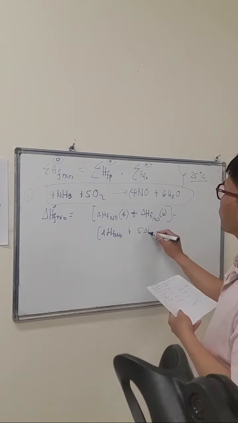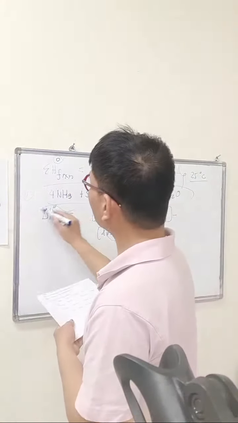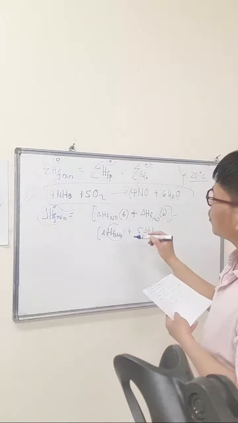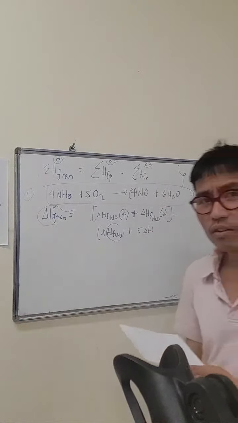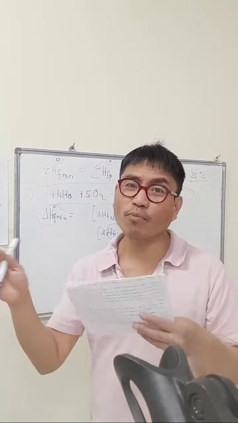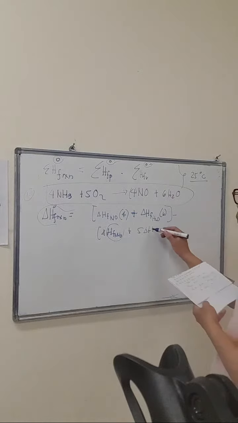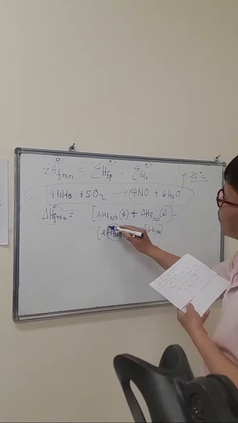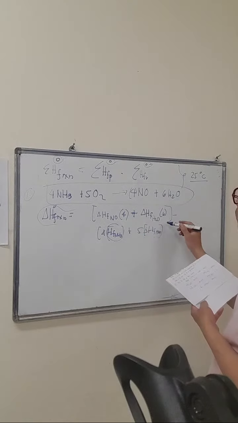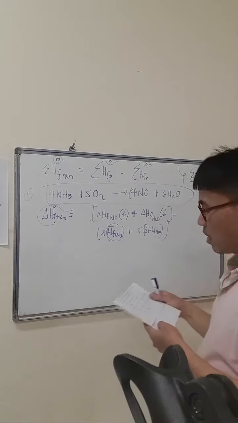So this is the enthalpy change of the reaction, and here it is the enthalpy change of the formation of the reactant and product, not reaction, but still enthalpy change of formation. Now, since you are not given these values, you go to the table at 25 degrees Celsius.